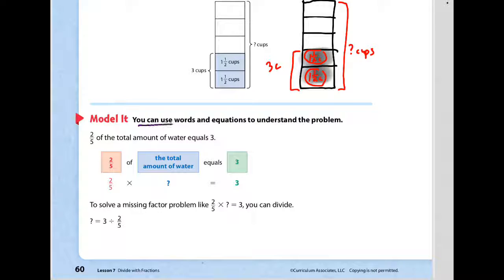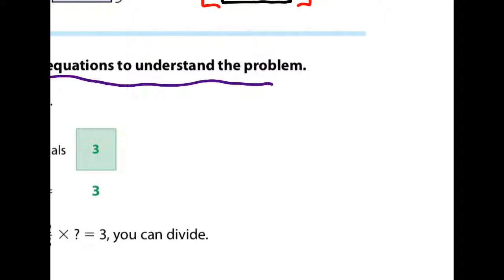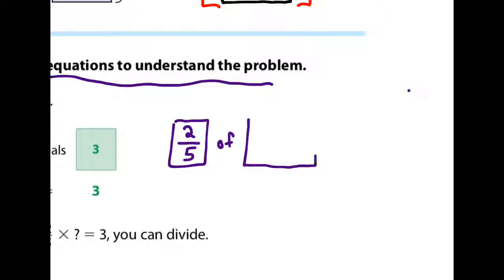It says you can use words and equations to understand the problem. Remember, they have it here in your book, but I'm going to show you. She drank 2/5 of the water bottle, and that 2/5 of the water bottle would equal 3 cups.